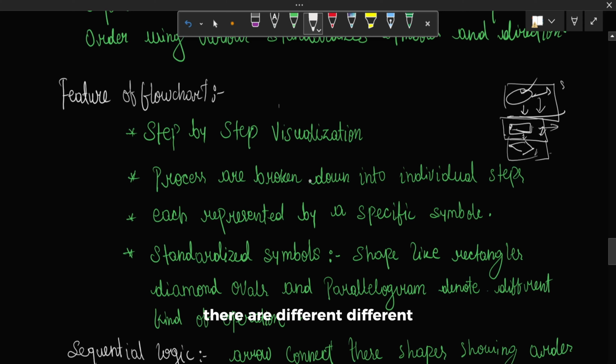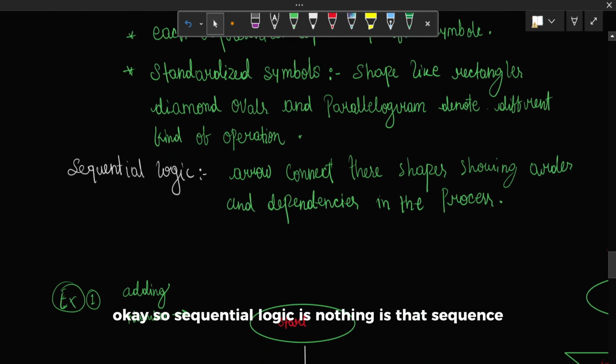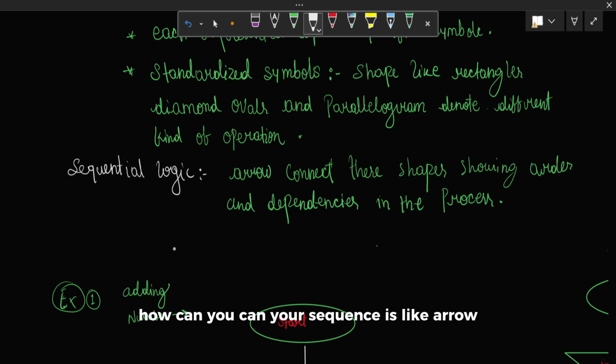Sequential logic is the sequence, like where the arrow is going and how the process will be working, showing the order and dependencies in the process, like where it is going and who connects to whom, like the decision point.